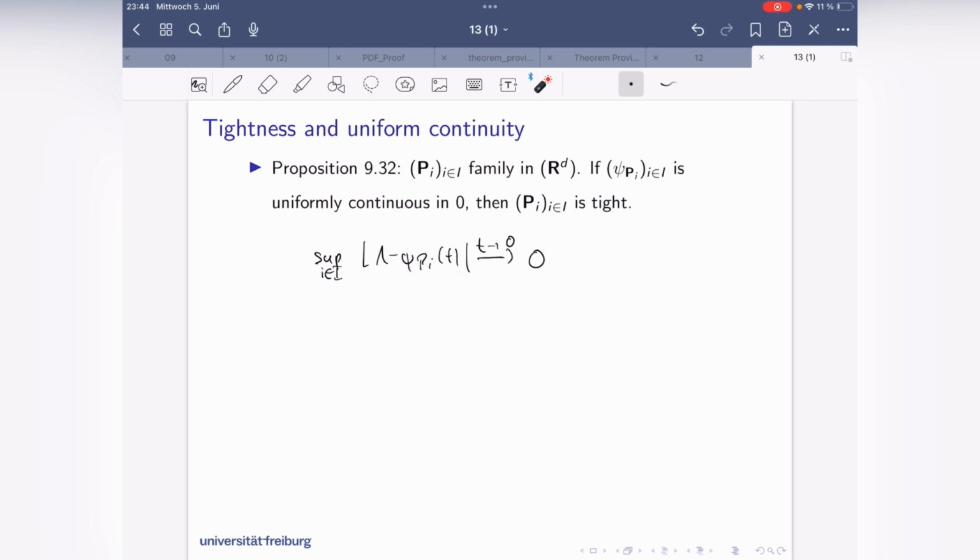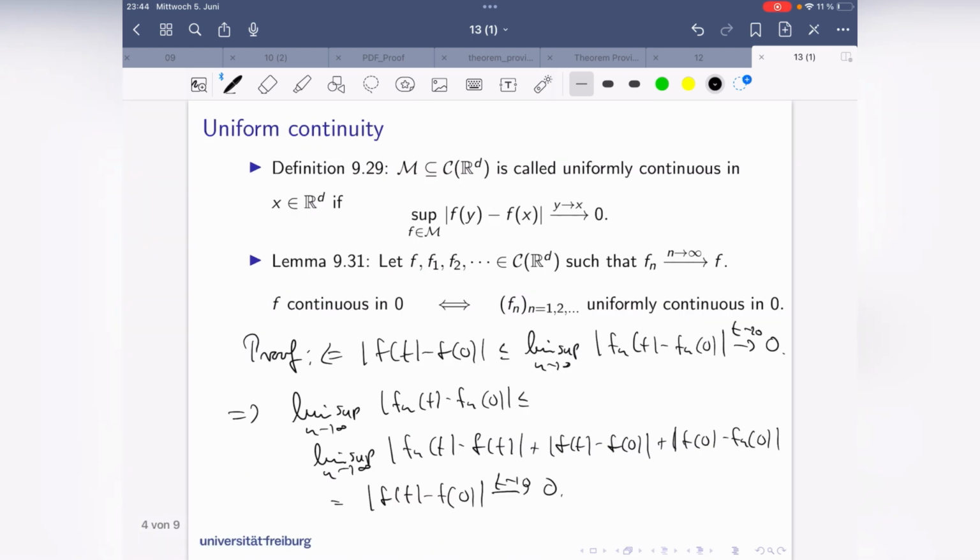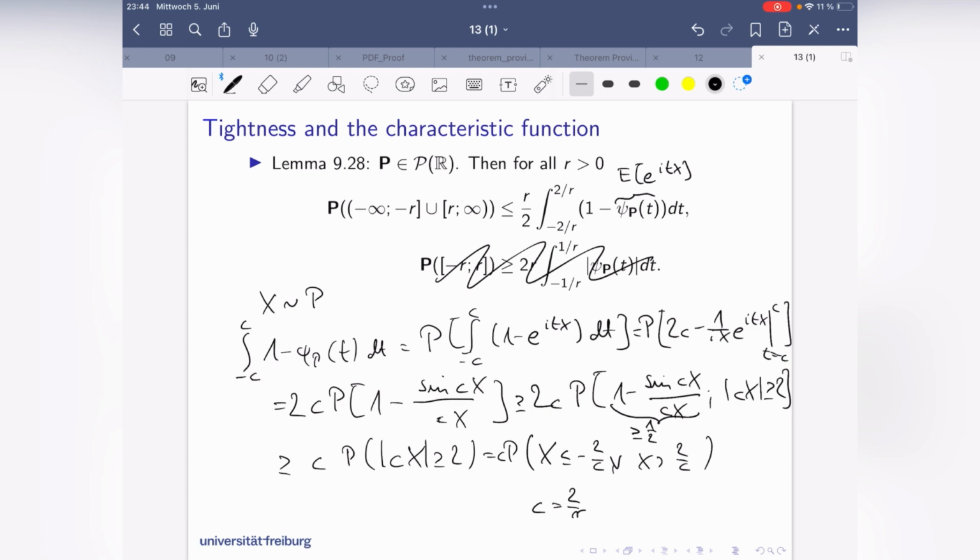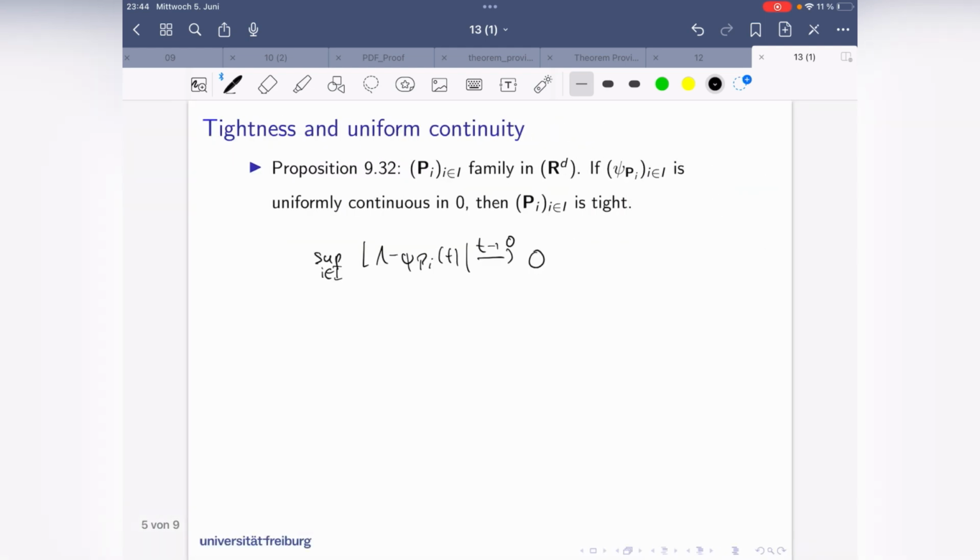Okay, we have this. And we need to show tightness, and we are going to use this calculation here, which we did 2 slides ago. So I have pi I of minus r to r, and we need to see that uniformly this has large mass if r is large.